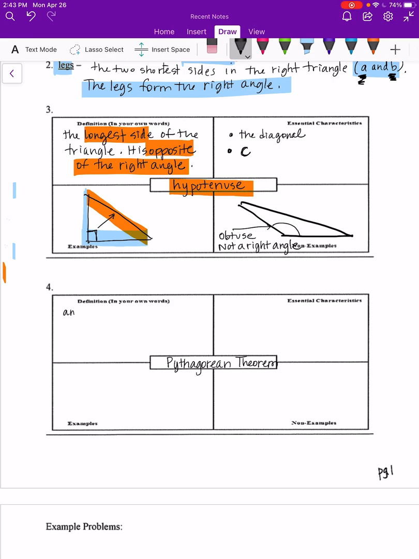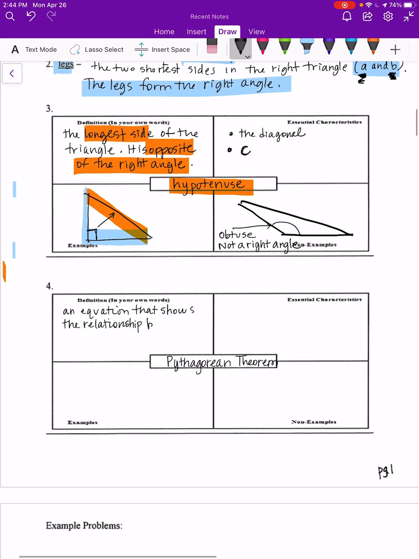Pythagorean theorem is an equation that shows the relationship between the legs and hypotenuse of the right triangle.